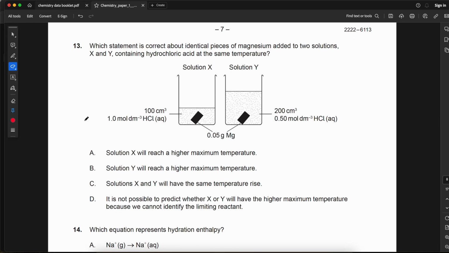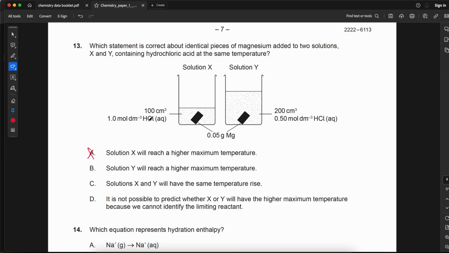Okay, next, which statement is correct about identical pieces of magnesium added to two solutions X and Y containing hydrochloric acid at the same temperature? As you can see here, the same amount of magnesium, which is 0.05 gram, but different concentrations: solution X is 1 molar, solution Y is 0.5 molar, and solution X has a lower volume compared to solution Y. The answer is solution X will reach a higher maximum temperature.